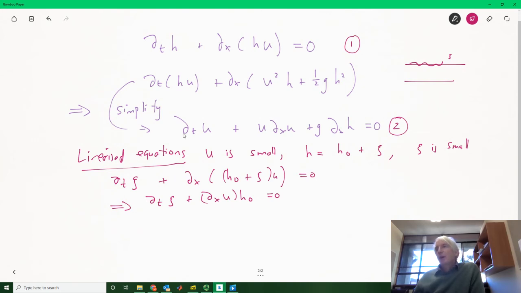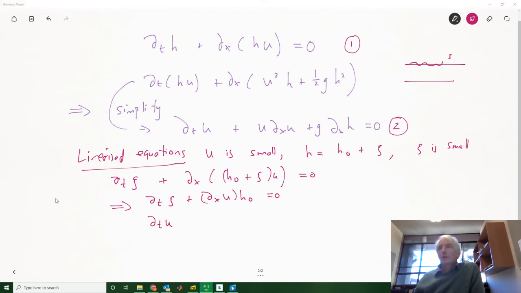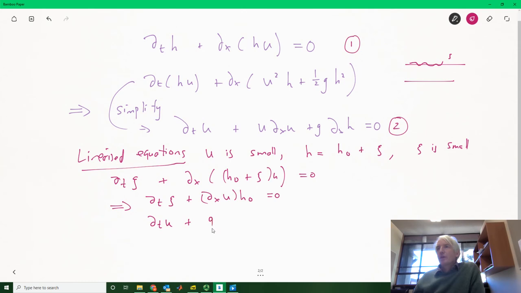And for the second one, I'm going to get the time derivative of u, and this term here is going to be small times small. I'm going to get plus gravity times dx of zeta equals 0. So this is the linearized shallow water equations, and these can be combined together.